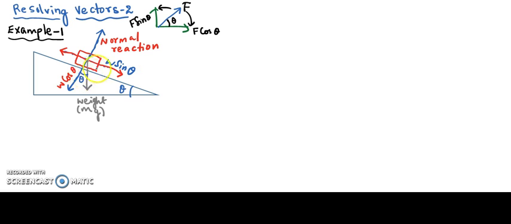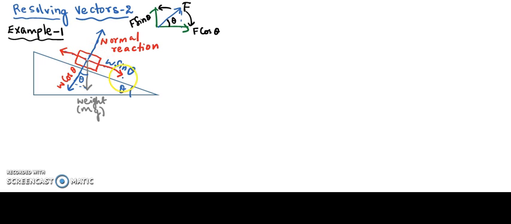Why? Because opposite to theta is this side, and this is parallel. Both are parallel here. Since the opposite represents this vector, therefore I can write W sin theta, this theta, which is opposite this one.